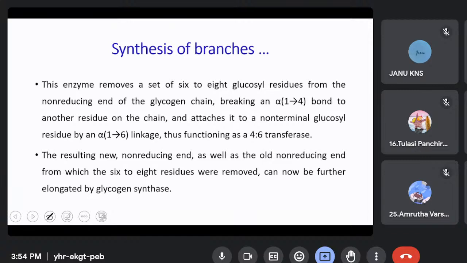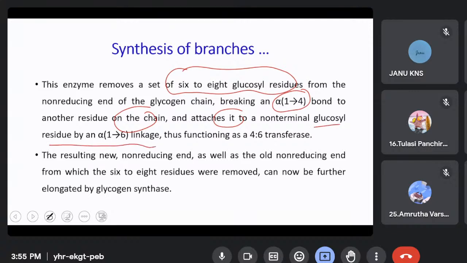What does this enzyme do? This enzyme removes a set of 6 to 8 glycosyl residues from the non-reducing end of the glycogen chain. Thus, the alpha 1,4 glycosidic bond is said to be broken. It breaks an alpha 1,4 glycosidic bond and attaches the fragment to a non-terminal glycosyl residue by an alpha 1,6 link, thus functioning as a 4,6 transferase.